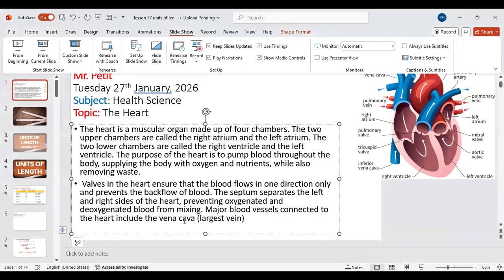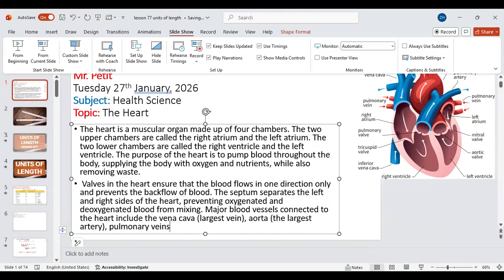So the major blood vessels connected to the heart include the vena cava, which is the largest vein. What else? The aorta. What is the aorta? The largest artery. Very good. Pulmonary veins carry oxygenated blood.